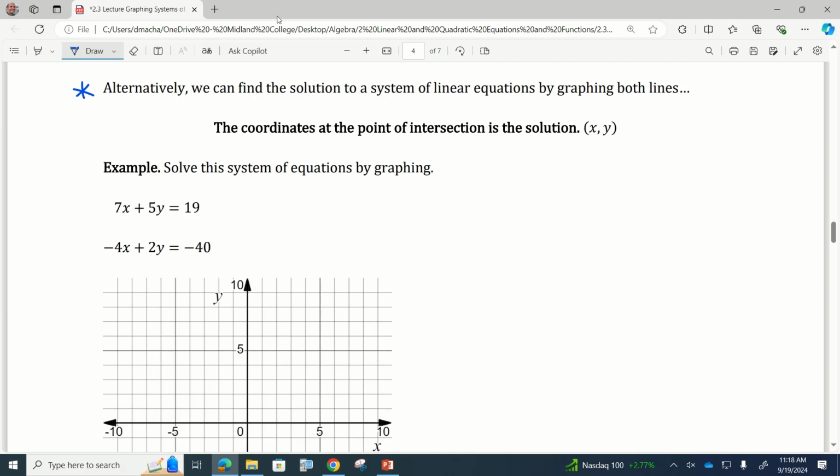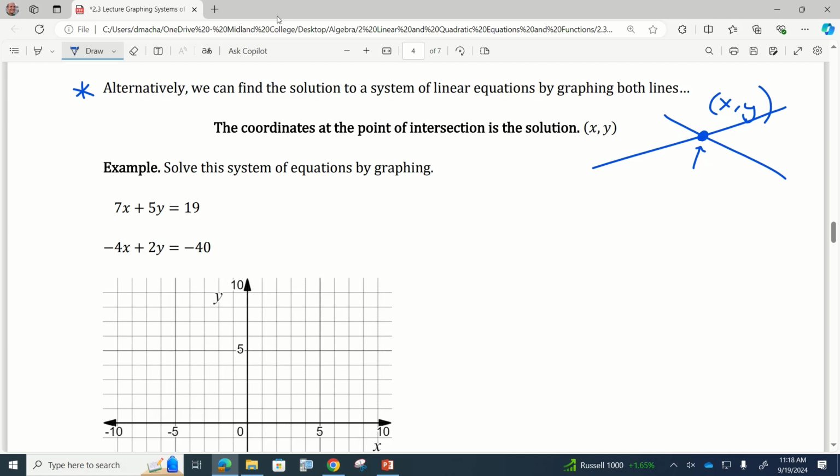And the solution to your system of equations is going to be the x and y coordinates at the point of intersection. So you should have two lines on your plane. They intersect somewhere. And at this point, if you just read off the coordinates, that's your x value and your y value that's going to work for your system of equations.